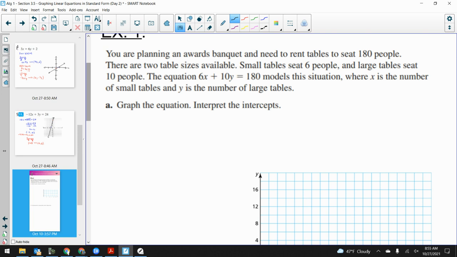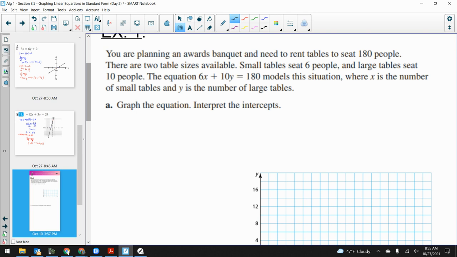If x is the small tables and y is the large tables, and I'm totaling 180 people, we apply the people to the numbers of tables. 6 times x, x being the number of small tables I have, plus 10, the number of people in a large table, times the amount of tables that I have, 10 times y, is equal to my total 180.